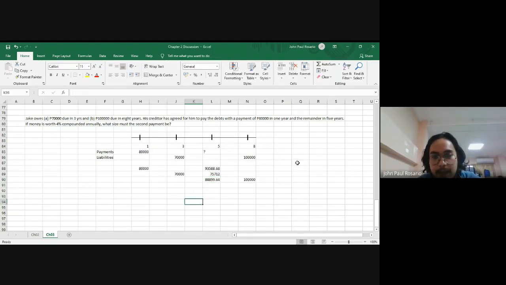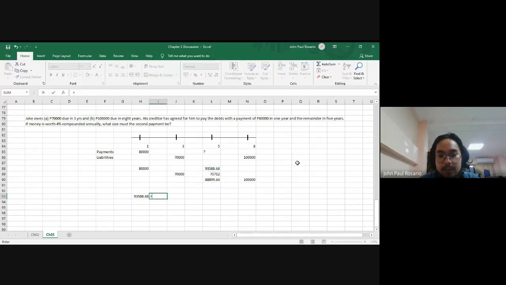Again, we have our liabilities, these two. Our payments are this one, plus the unknown payment, is equal to this one plus this one.